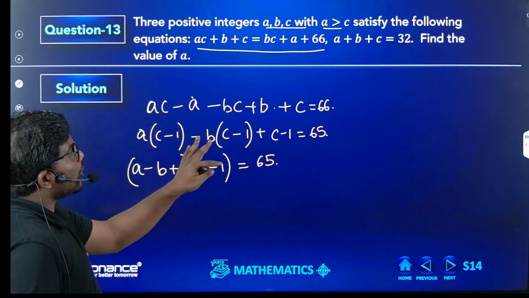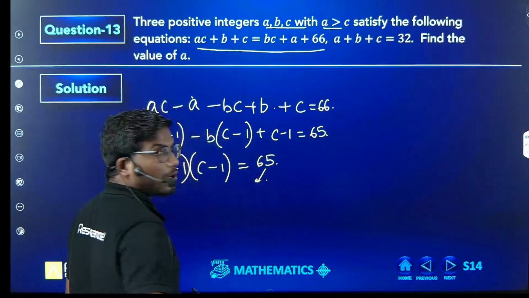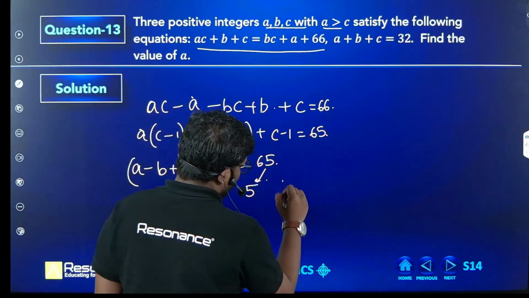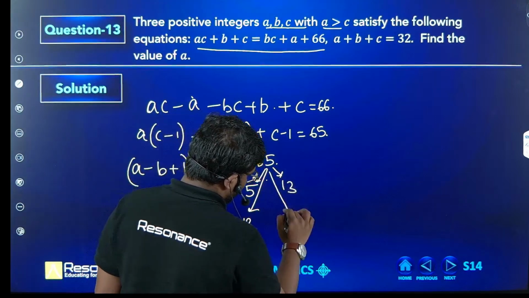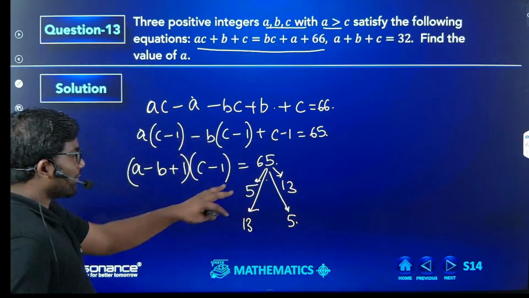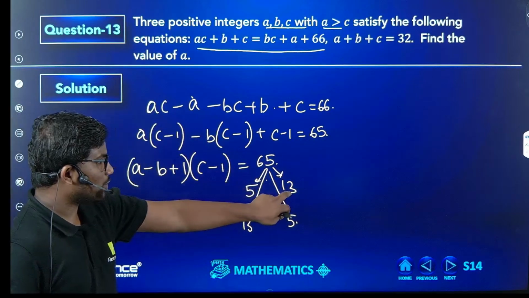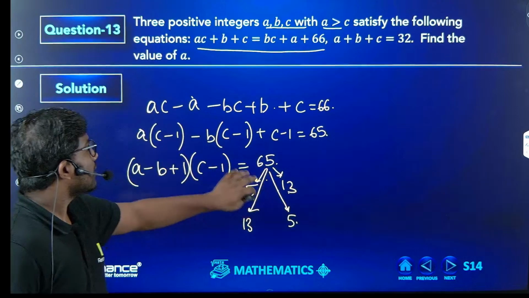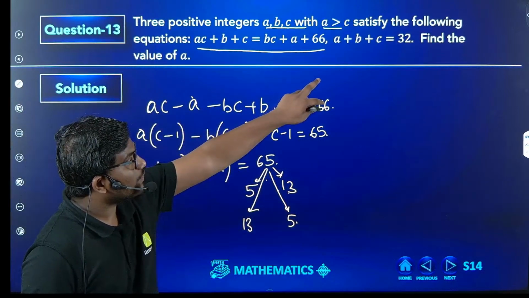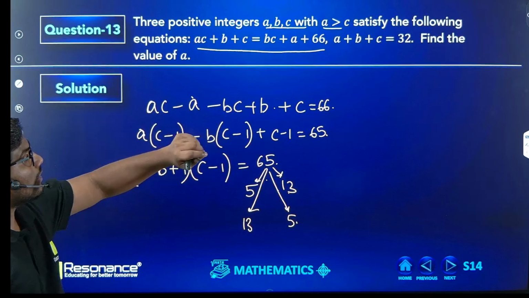Since all of them are positive integers, c minus 1 would be positive. So the positive divisors would be 5, 13 or 13, 5. So in the case of 5, 13, a minus b plus 1, c will become 12. Correct? From here c will become 14. Substituting c is 14, a plus b will become 18.